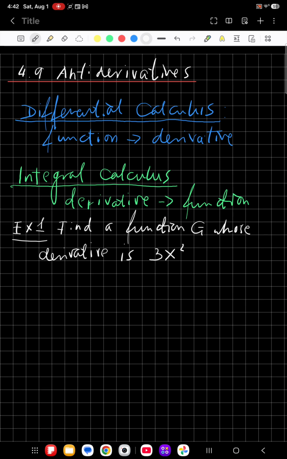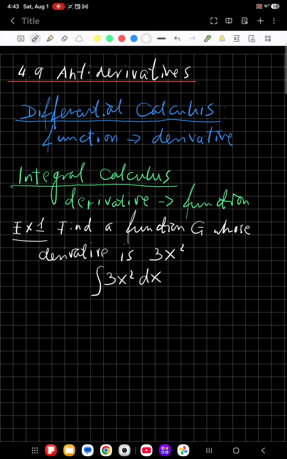Okay, so maybe I'll show you how normally the problem would look. So the problem will look like this. This is an integral symbol, and then we'll have 3x squared, then we'll have dx.